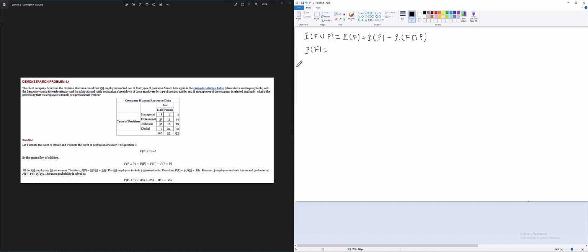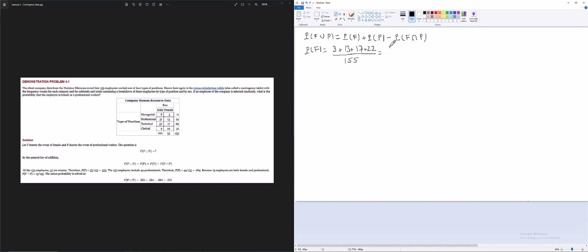And let's look at this column of females. So there are three in managerial positions, 13 are professional, 17 in technical, and 22 in clerical, right? And then divided by the total number of employees, which is 155.